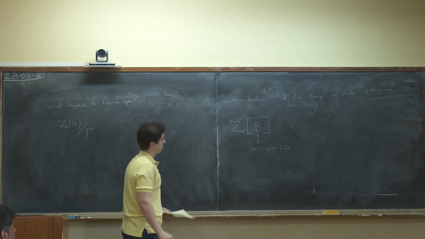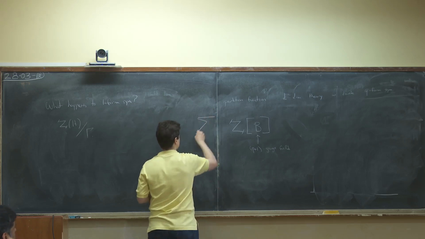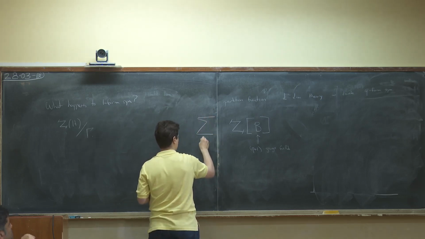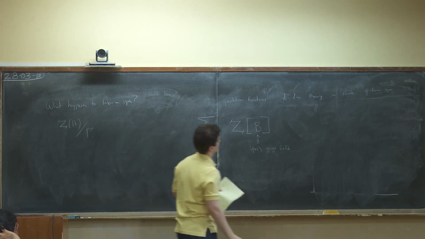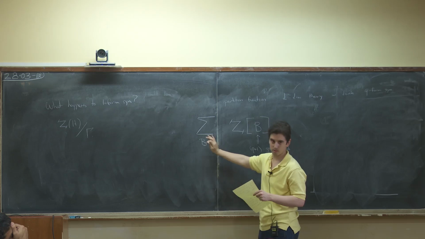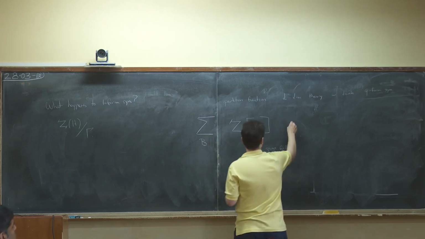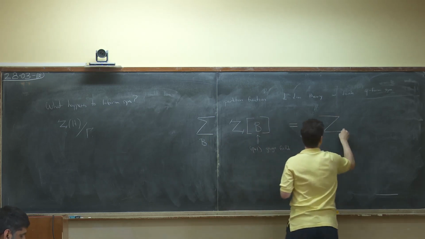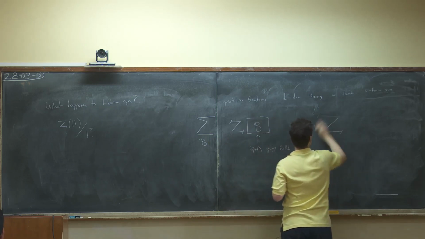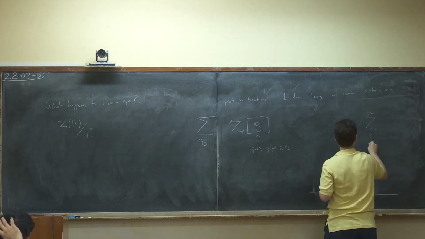What does it mean to gauge? To gauge means to sum over B. And I stress that since I assumed everything is discrete, this is really just a discrete sum. There's just a finite number of terms. So this defines Z tilde, the partition function of the gauge theory.